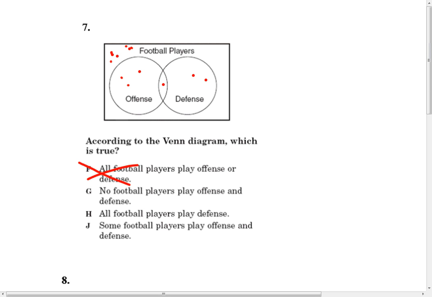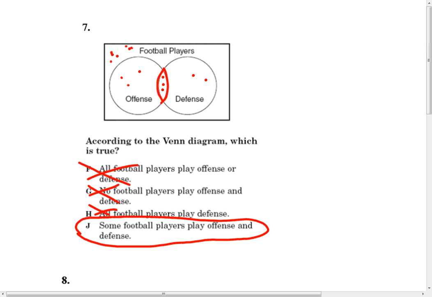No football players play offense and defense. Well, there's an intersection right here, and if it's presented to me, something is in it, even if it's just one element or one person. So that's not true. All football players play defense. That's not true. There's football players over here. Some play offense and defense. Some can mean one, even if it's only one player in that intersection.